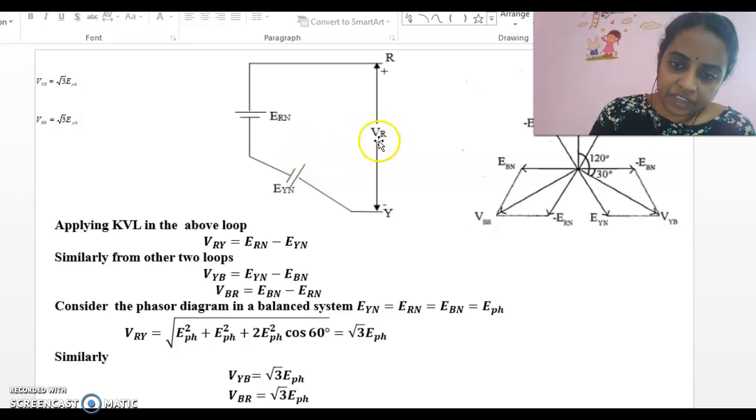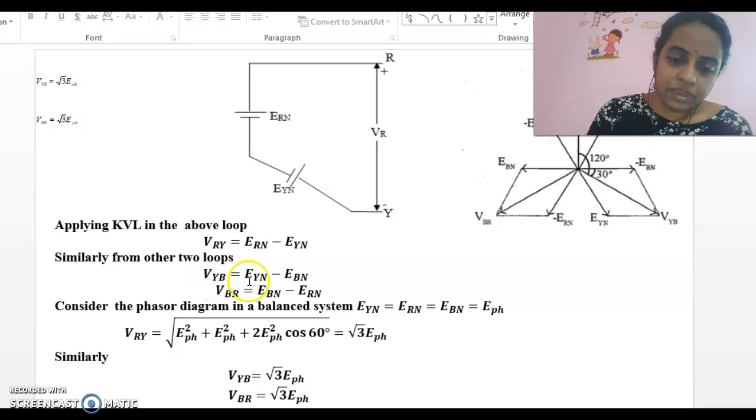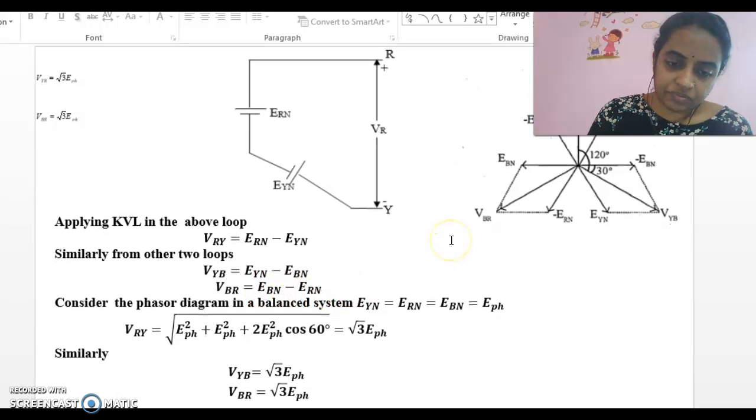So VRY is equal to ERN minus EYN. Clear? Similarly, we can take other loops. So we will get VYB equal to EYN minus EBN, VBR equal to EBN minus ERN.